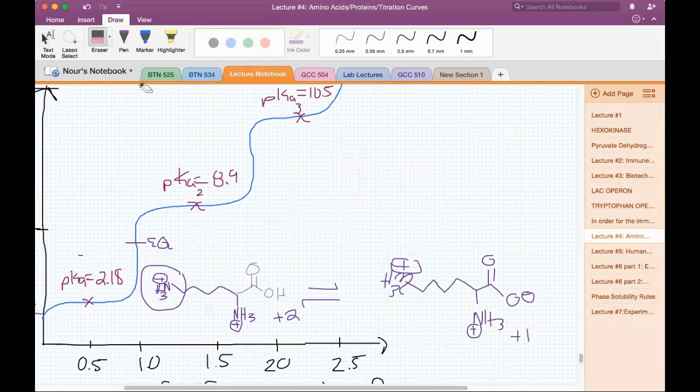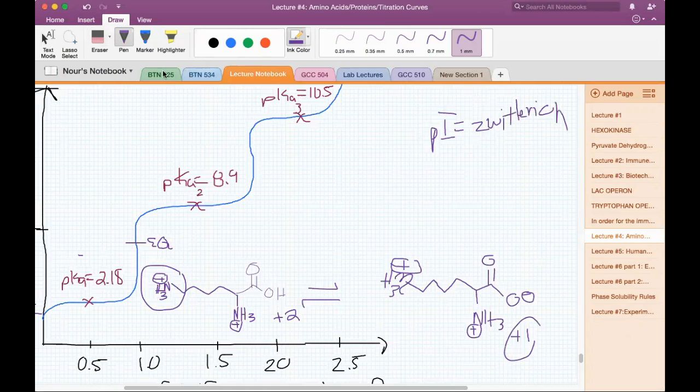What am I saying? pI, remember, only has to do with the zwitterion. So whatever structure the zwitterion is in, that'll be where the pI is. And this is not the zwitterion, of course, because this is a +1. So I caught myself. Now, at this point, all the solution is in this form, right?